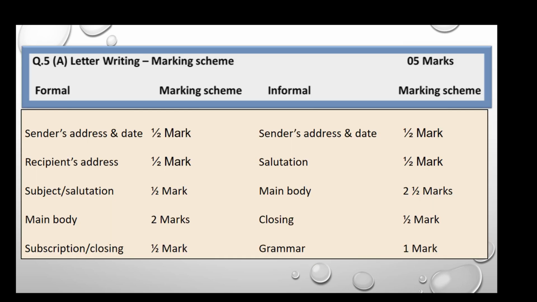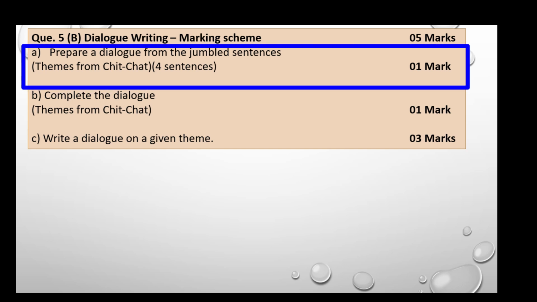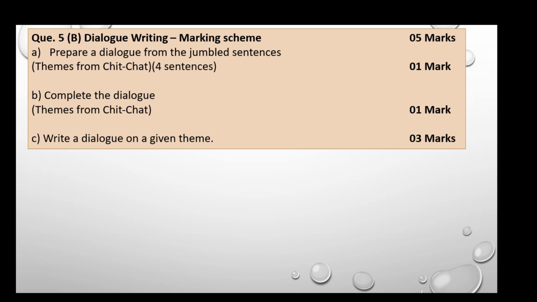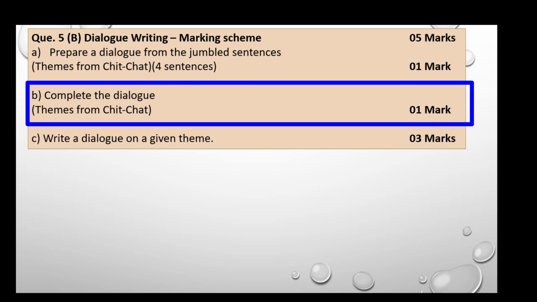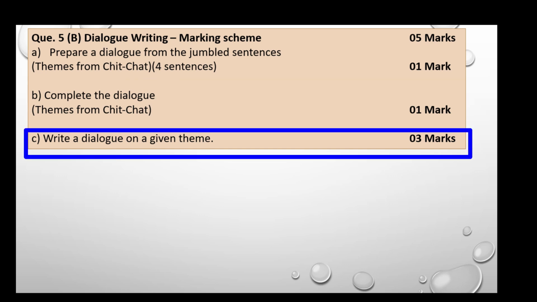Question number 5B is dialogue writing. The objective of dialogue writing is to develop English used in day-to-day life. Marking scheme of the dialogue writing is: prepare a dialogue from jumble sentences, complete the dialogue 1 mark, and write a dialogue on a given theme for 3 marks.